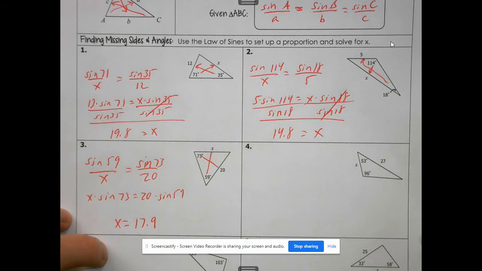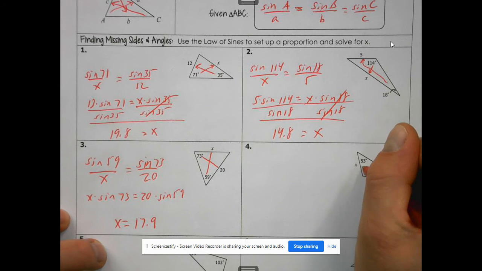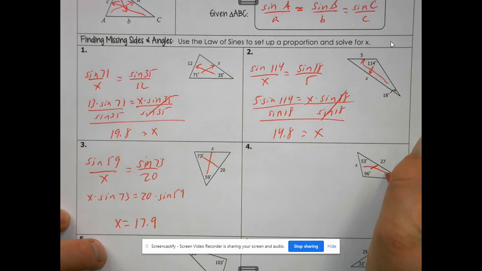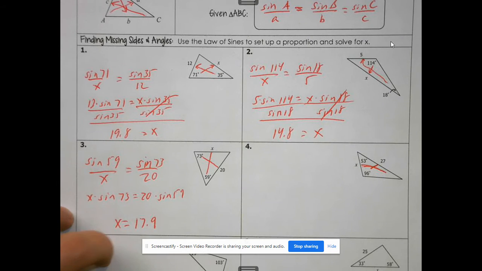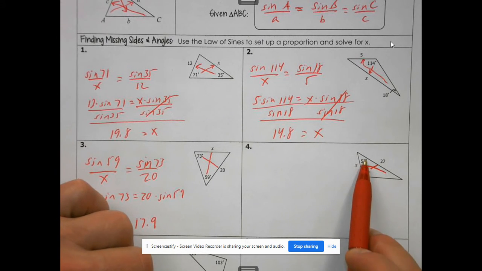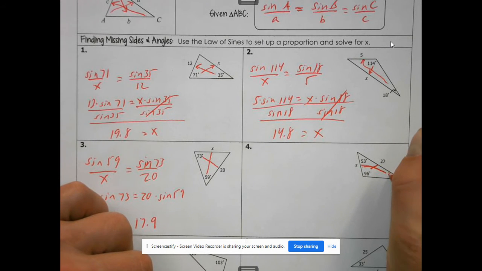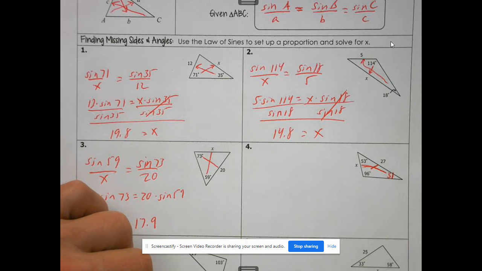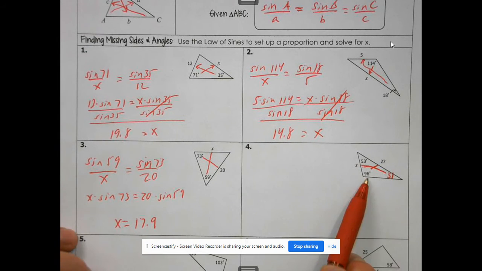Okay, now a tricky one over here. Those two sides match up, but I don't know what's across from X. I don't know the angle. We can figure it out though, right? We know there's 180 degrees inside of a triangle. So if I add these two, then subtract from 180, that leaves me with 31 degrees. Now I can set up my proportion, but I had to find the missing angle first.